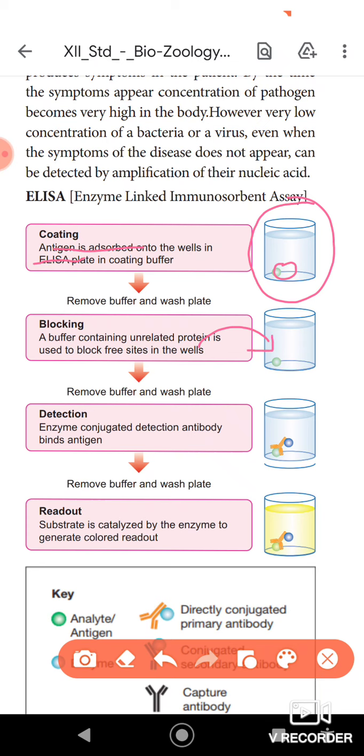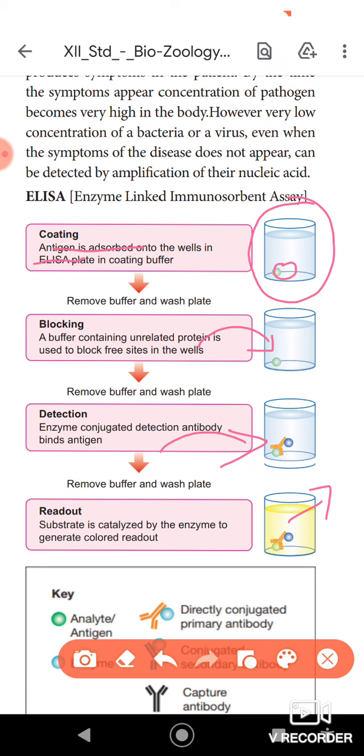Once the antibodies are added, in the next step you can see the antibody is in a Y shape, that antibody starts to bind with the antigen. Do you see, the antibodies bind with a particular antigen. Immediately when the antibodies bind with the antigen, they start to produce color.